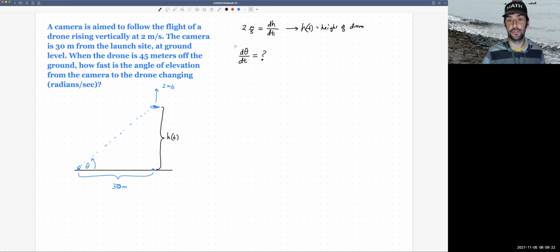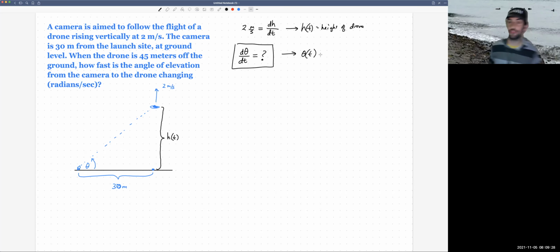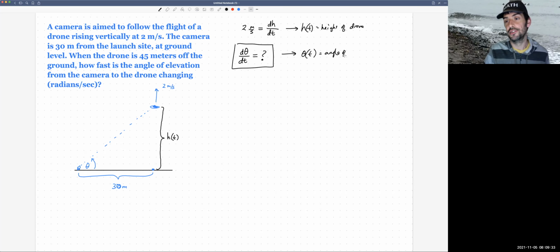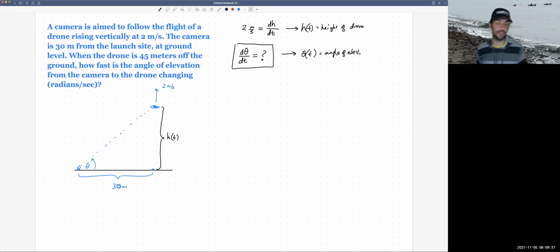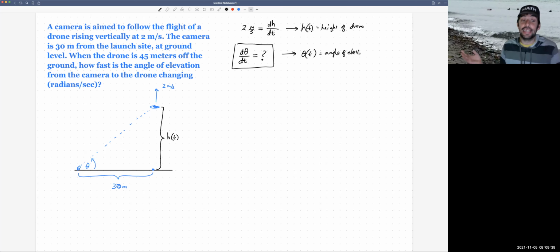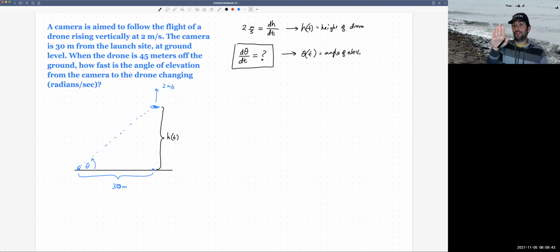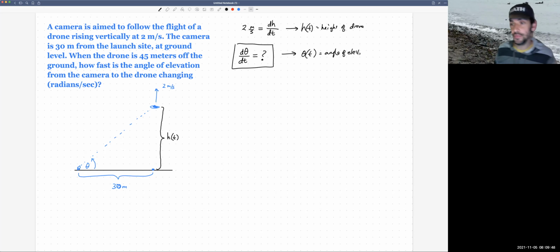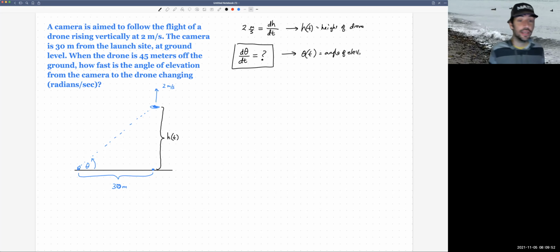This is what we're looking for, okay? This also implies theta is a function of time. So this is our angle of elevation, right? The angle between the ground and the line of sight as drawn in this drawing, right? Again, as each second passes, you can imagine the camera is angling up to follow this drone. It has an angle, so it's a function of time. Or at least we're thinking of it that way.